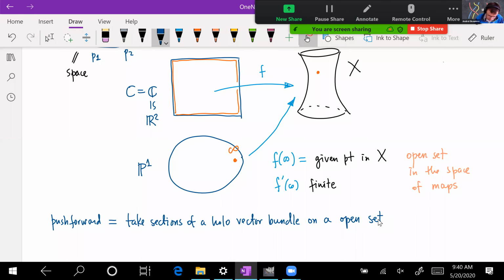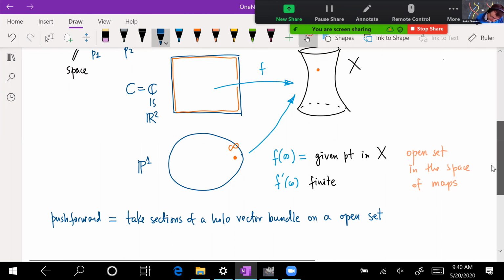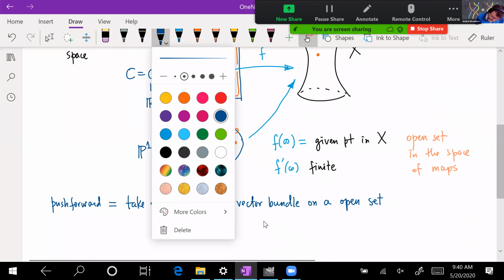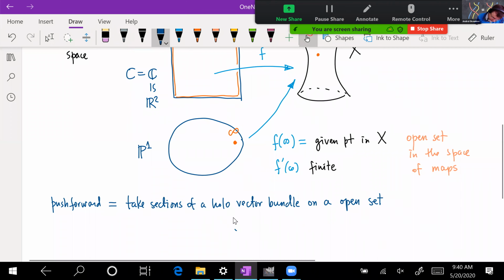So this in general would be infinite dimensional. So this is an infinite dimensional vector space.